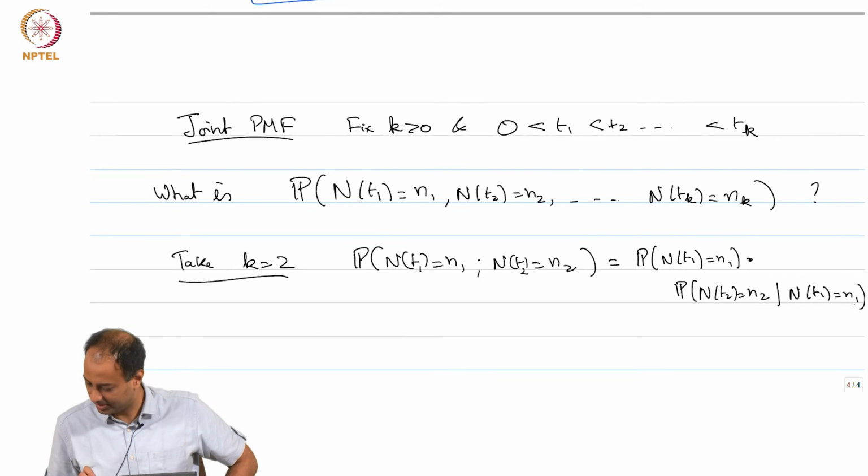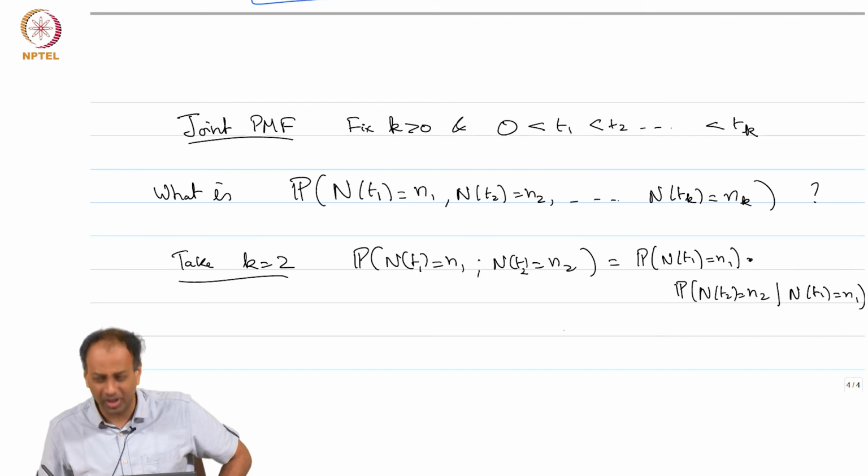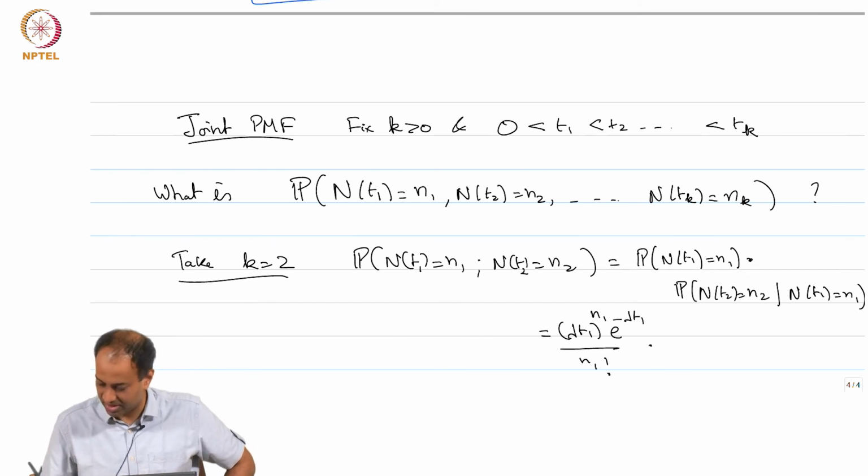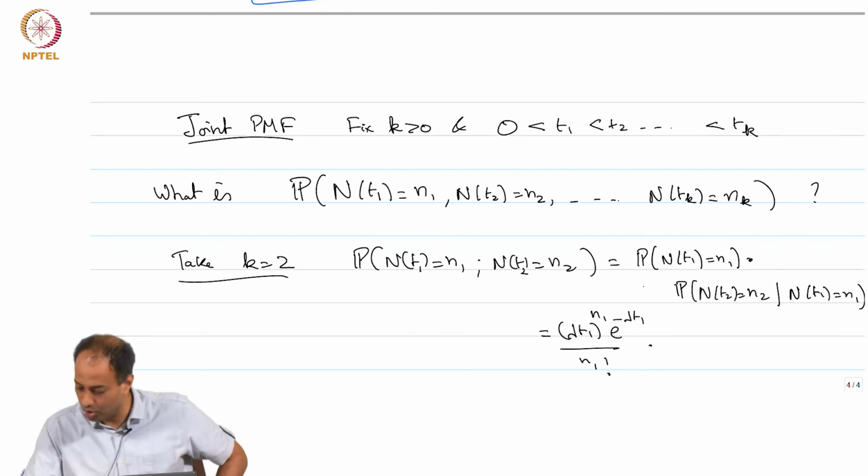So it just comes down to the probability that N(T1) equals n1, which I already know. That is equal to (lambda T1) to the n1, e to the minus lambda T1, over n1 factorial. That is just the first term, which I already know.